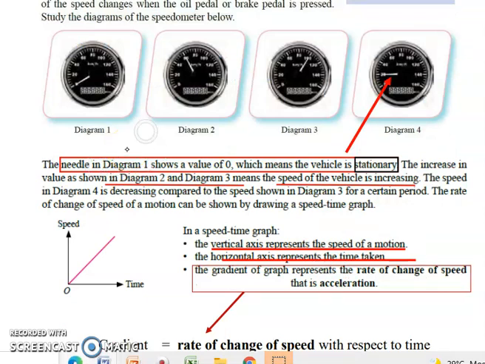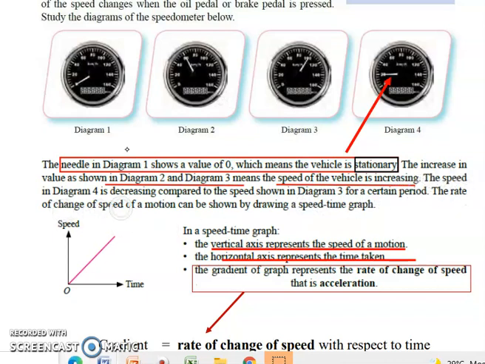Now, the needle in diagram 1 shows a value of 0, which means the vehicle is stationary. From the distance time graph in the previous part, we know that stationary means the vehicle is not moving. The increase in the value as shown in diagram 2 and diagram 3 means the speed of the vehicle is increasing.